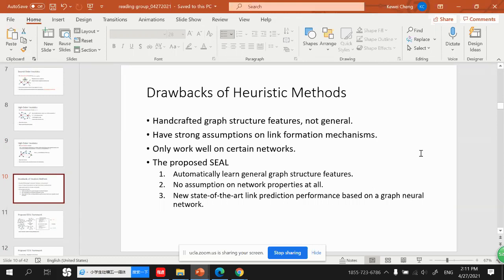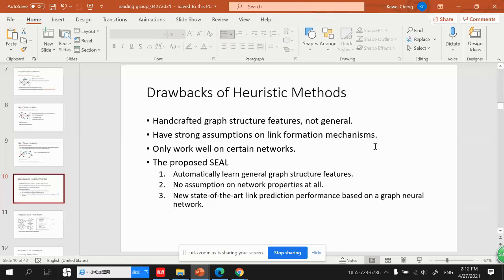We would like to leverage this advantage of the heuristics method. At the same time, we don't want to specify one of the heuristics methods in order to predict links, because we do not have enough background knowledge to know which is the correct assumption on the link formation mechanism.